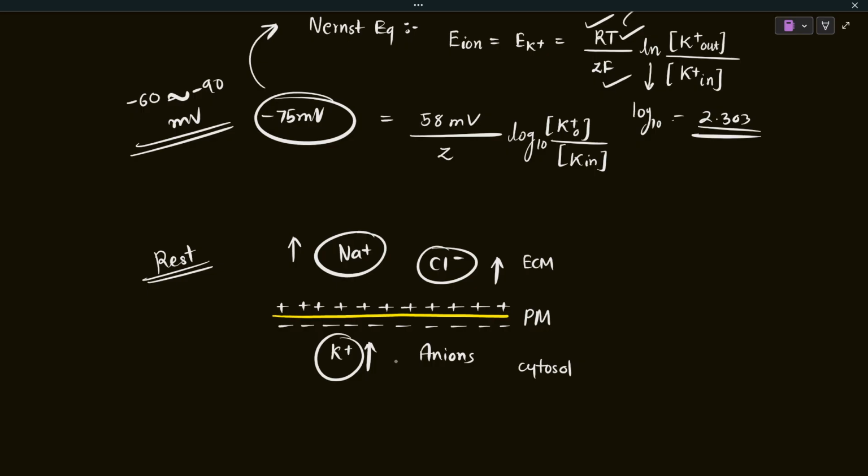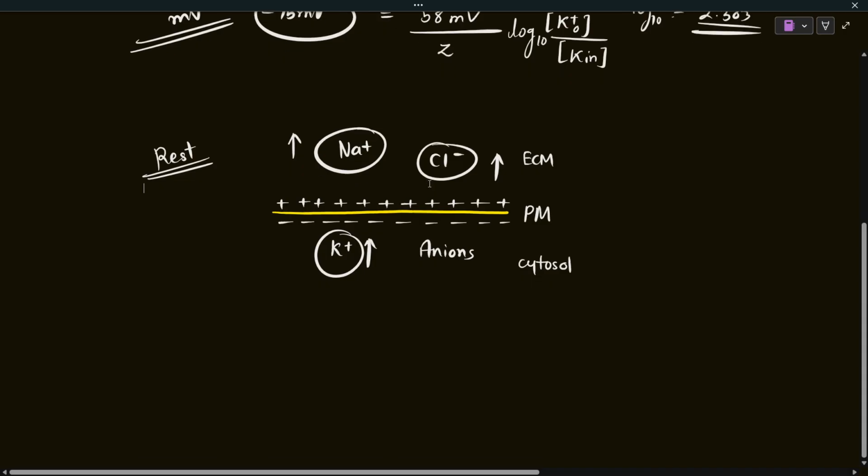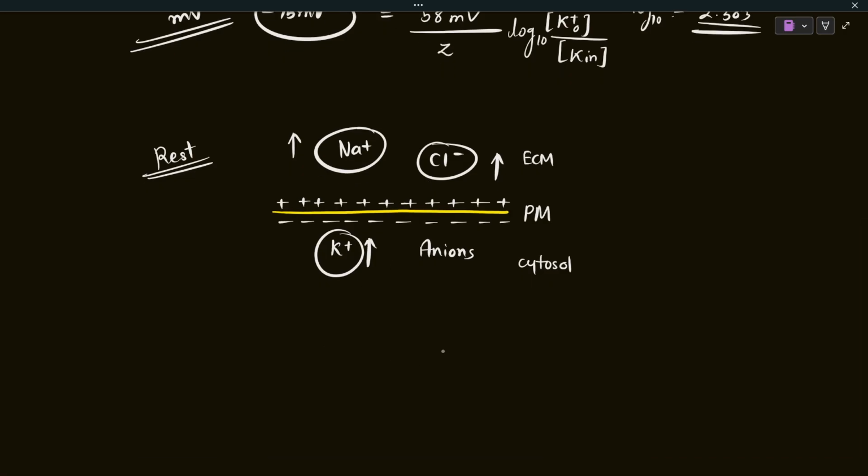So when the stimulus arrives at the nerve cell, some ion channels open, and that starts the flux of ions.